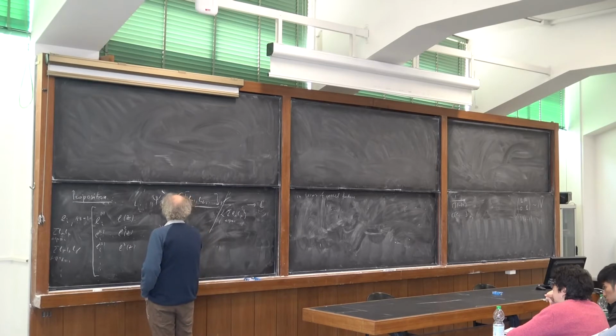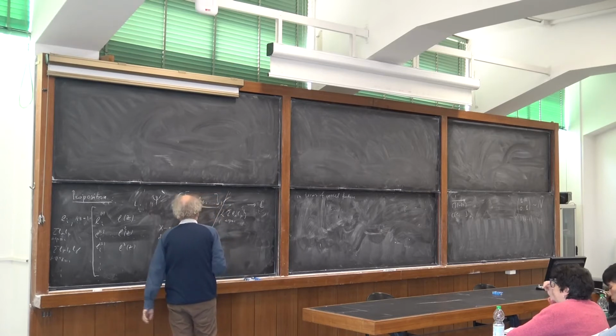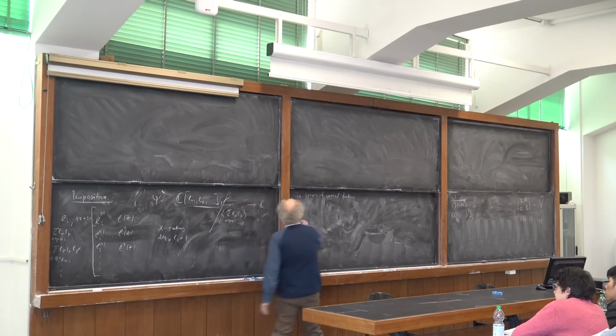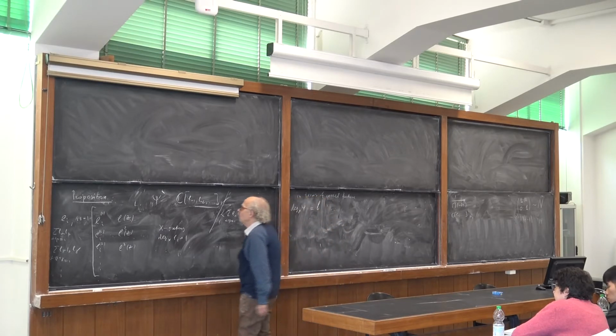So the X degree of each E_i equals 1. And suppose that the functional also has grading, and the X degree of this functional is equal to some L. Now I want to say the following.